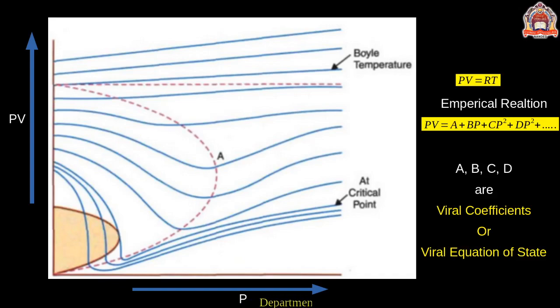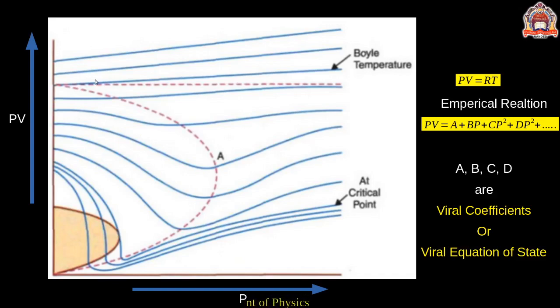At the Boyle temperature, B is equal to 0 and the other terms are negligible. Therefore, PV is equal to A, that is the constant, and that equals RT. Therefore, at ordinary pressure, the gas obeys Boyle's law and the PV versus P curve is closely parallel to the pressure axis here.